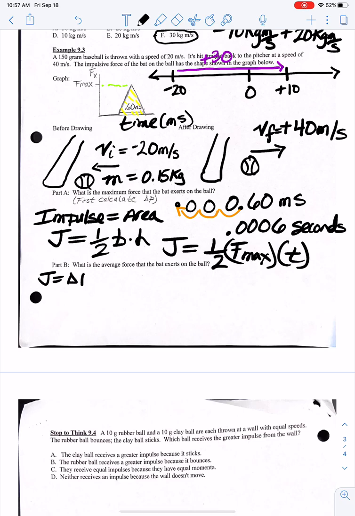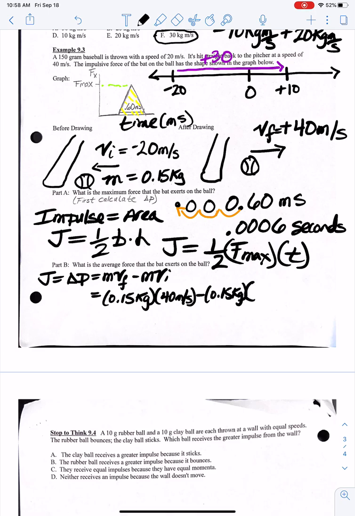J equals delta P, and this equals MVF minus MVI, which is equal to 0.15 times VF, which is 40, minus 0.15 times the initial, which is, what was it, negative 20?